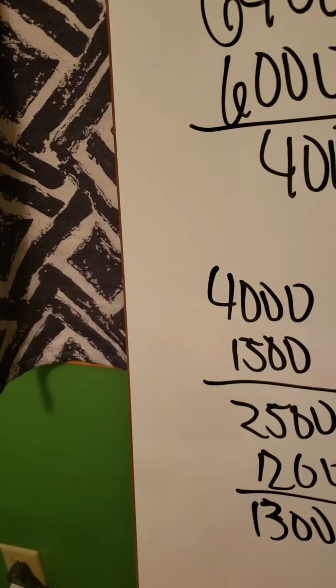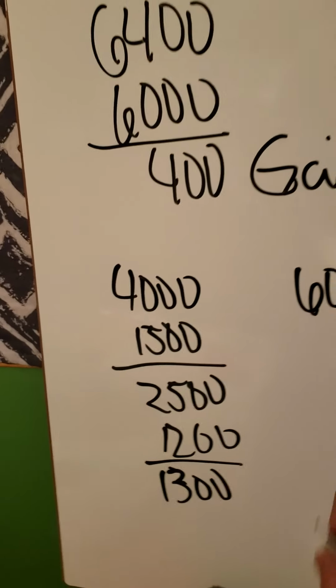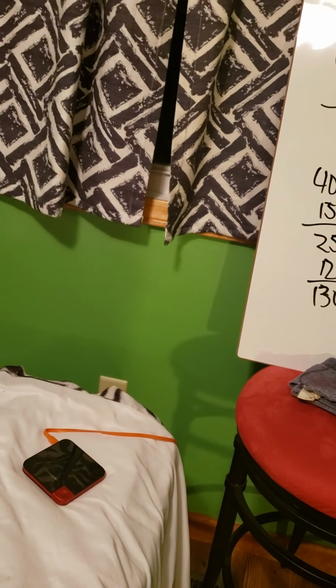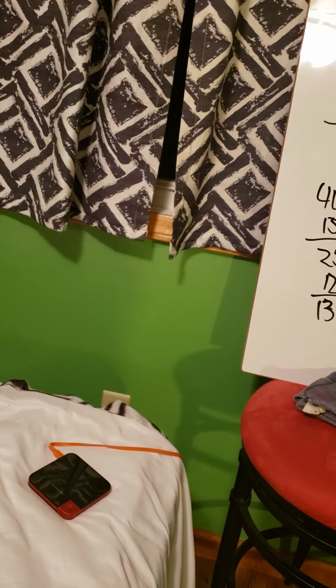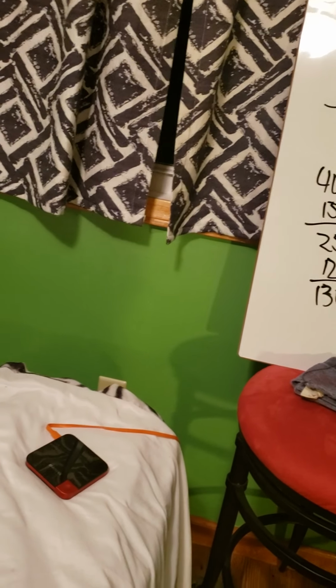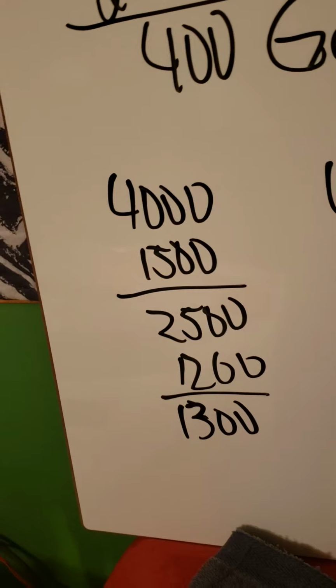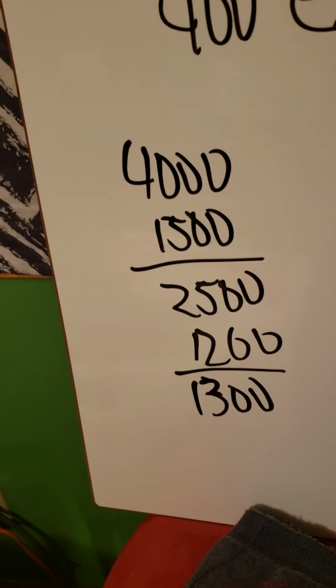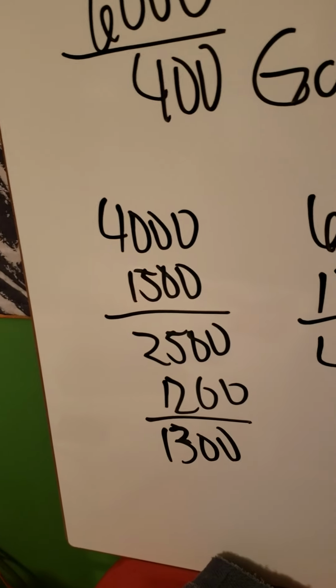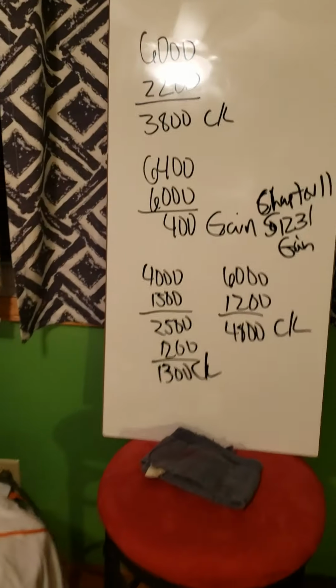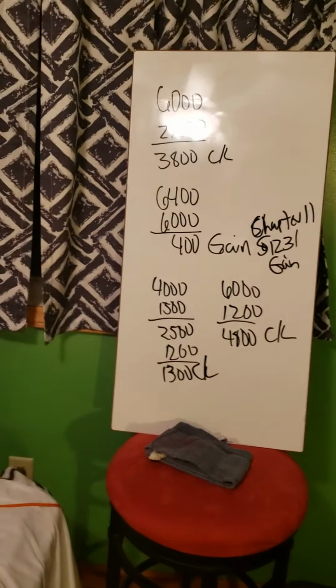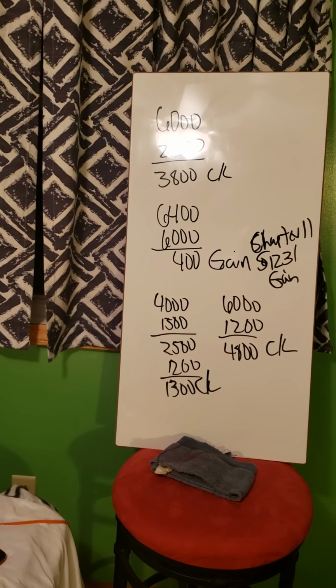So my basis of $6,000 minus my insurance reimbursement of $1,200 gives me a $4,800 casualty loss deduction. Okay.